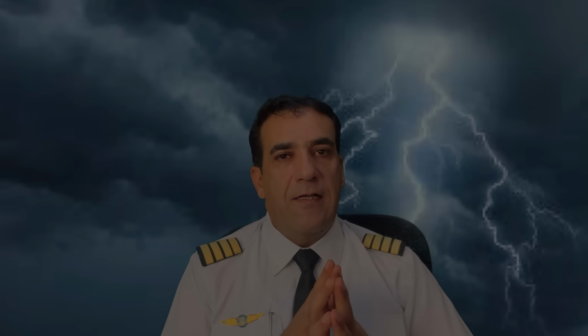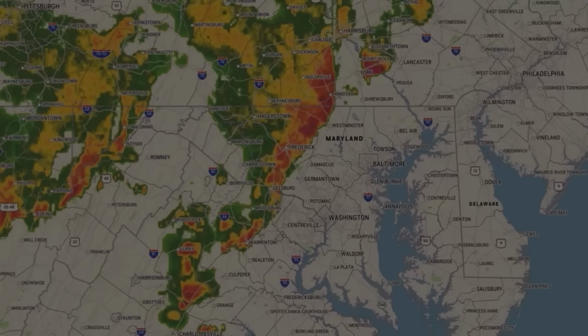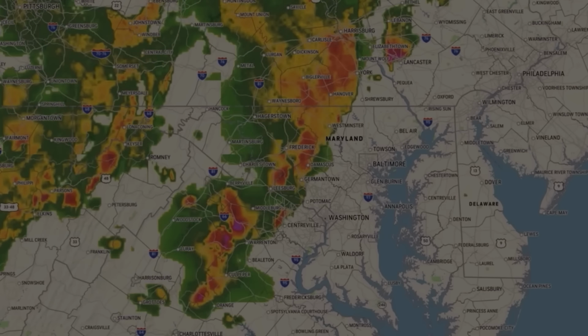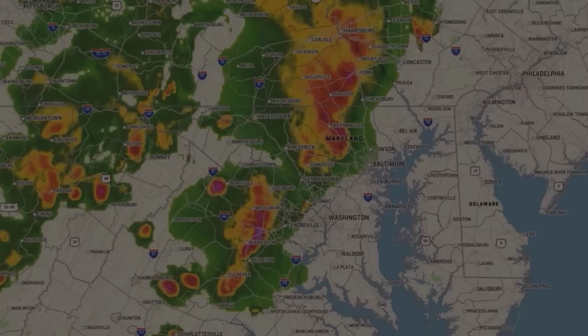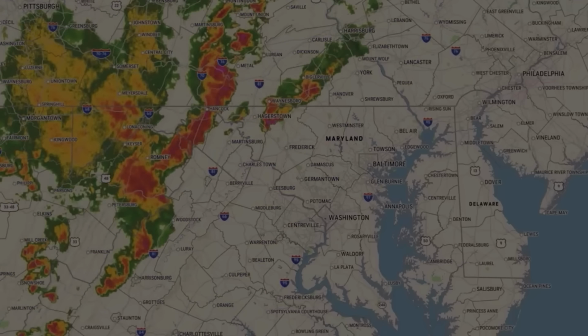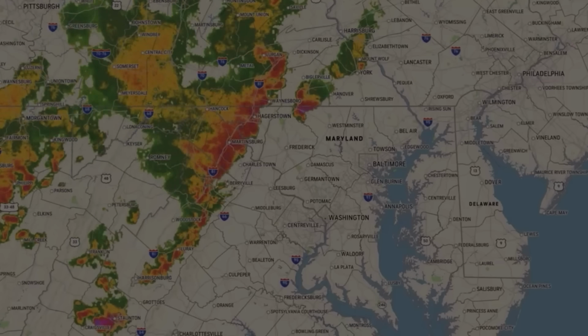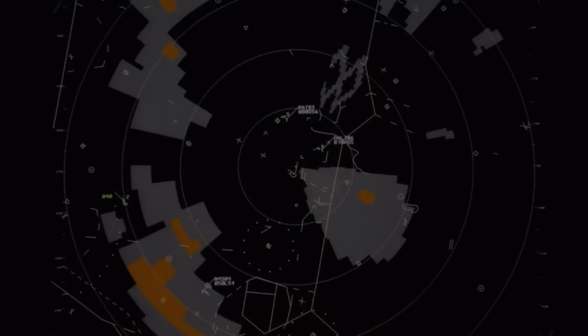The air traffic control, or ATC, plays a crucial role in helping pilots avoid thunderstorms through several means. Air traffic control provides real-time weather updates, including information about the thunderstorms, the turbulence, and severe weather conditions.